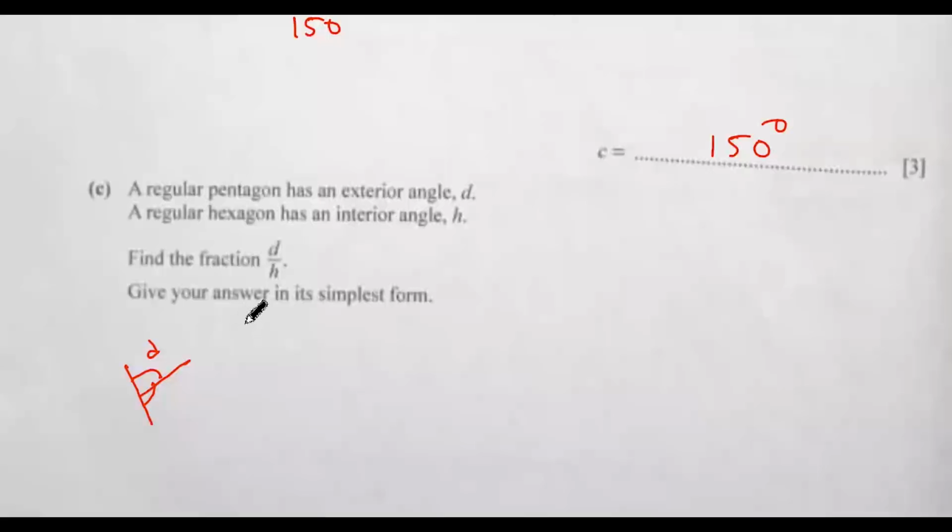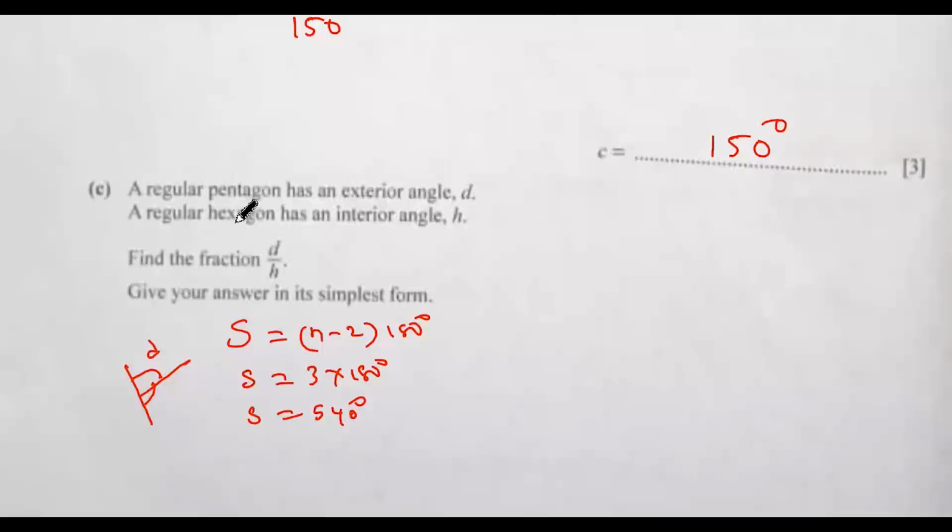We know that the sum of interior angles of any polygon is given as n minus 2 times 180 degrees. Then we can say that for a pentagon n equals 5, so we have S equals 3 times 180 degrees. So the sum of the interior angles will be 540 degrees.